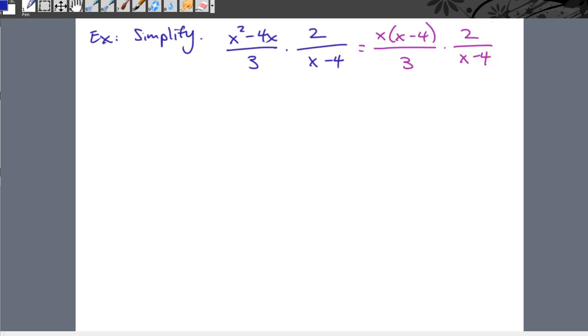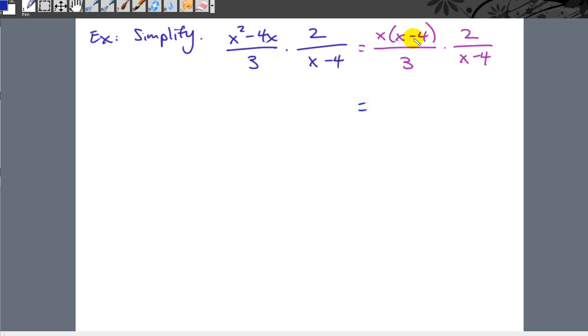Okay? So what I see here is a couple ways you can do this. If you see that you have x minus 4 here, you can cancel this right off the bat, and you can write 2x divided by 3, and that's fine. Or if you guys prefer just to write everything all as one rational expression, you could.